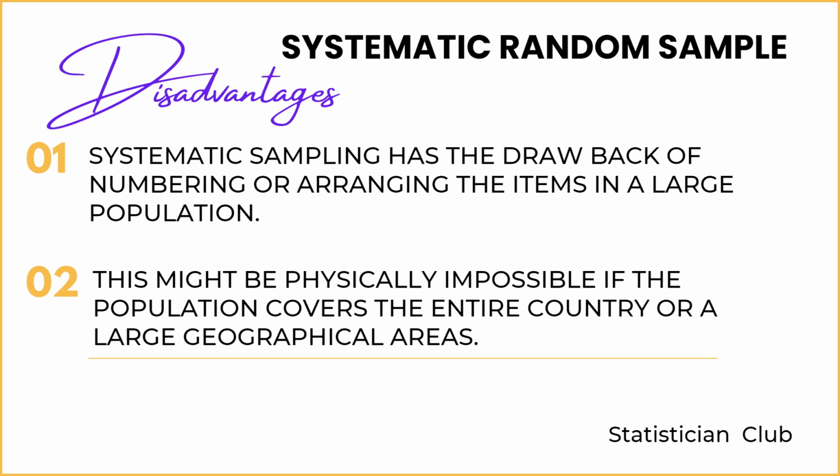It is very difficult to utilize systematic random sampling because we must assign numbers to the whole population or geographical area. So this is a very lengthy and tedious procedure.